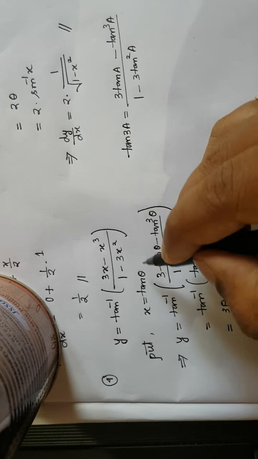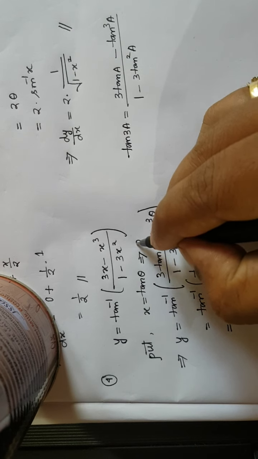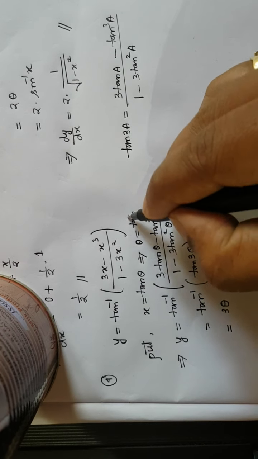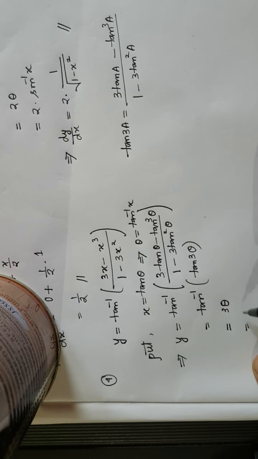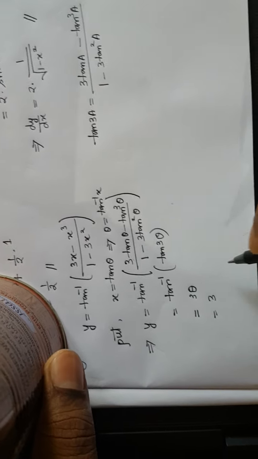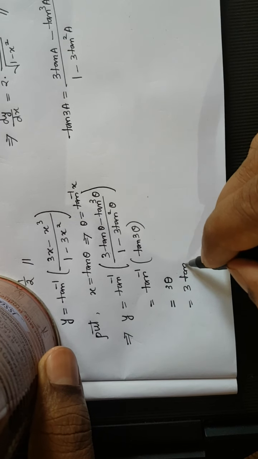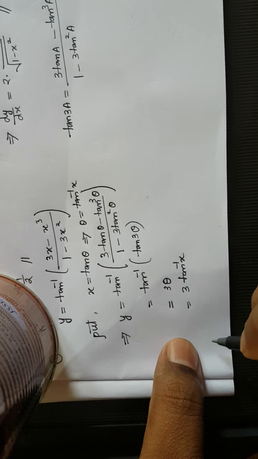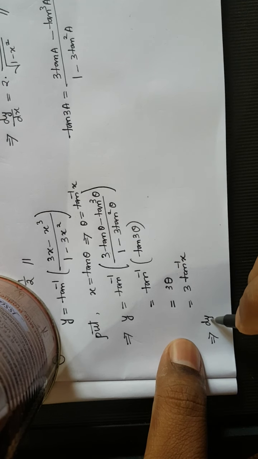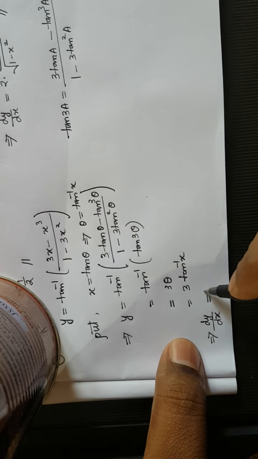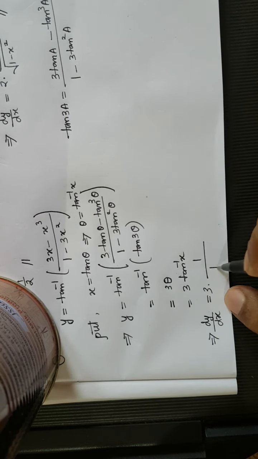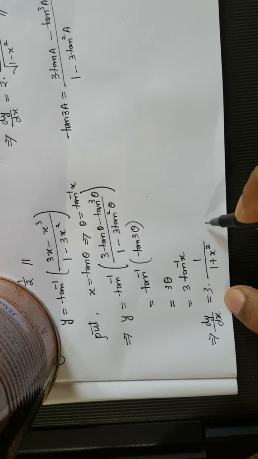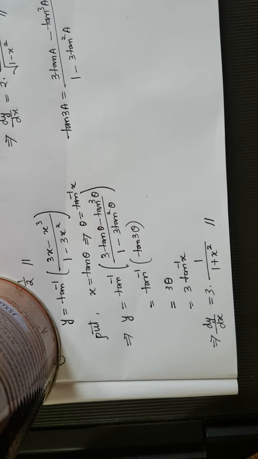As you know, like the last question, theta is equal to tan inverse of x. You can put 3 times tan inverse of x. Now if you differentiate, dy by dx, 3 is a constant. For tan inverse of x, the derivative is 1 by 1 plus x square. This is number 4.